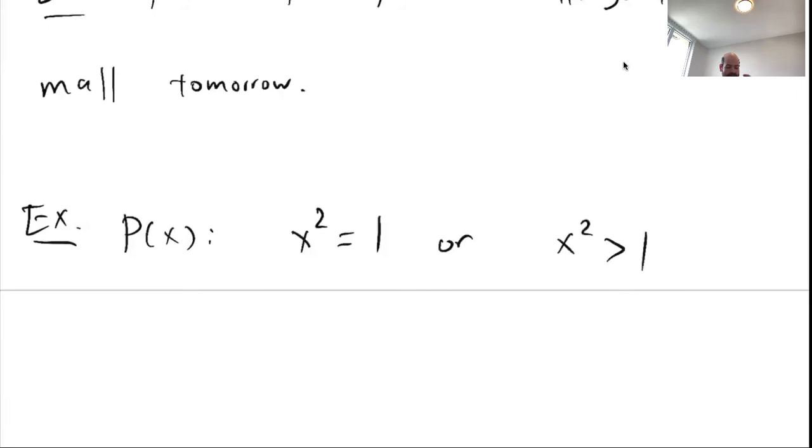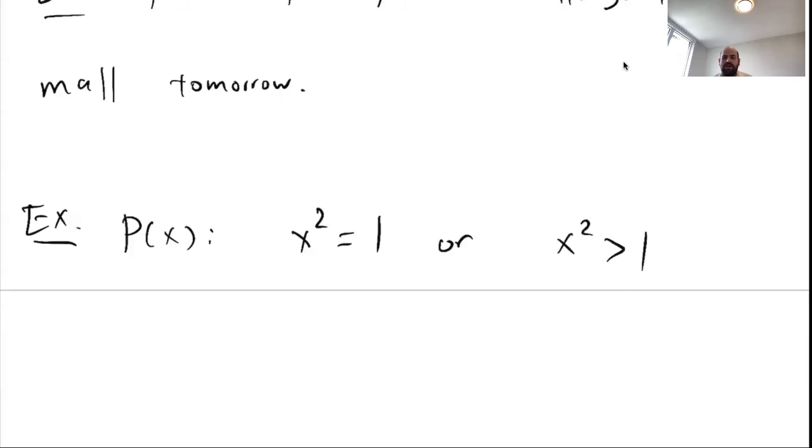Because again, for these statements, X squared equals 1, well, is it true or false? Try to compare it with the examples we saw last time. So for example, last time we said 2 is bigger than 1. Well, 2 is bigger than 1 is true, or 0 bigger than 1 is false.